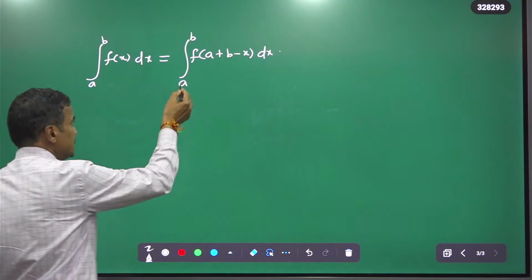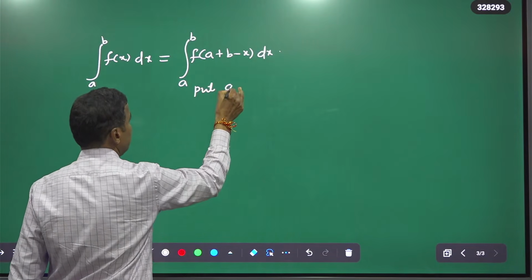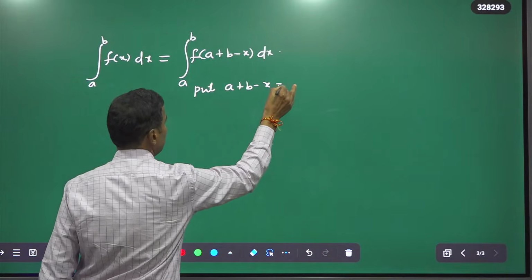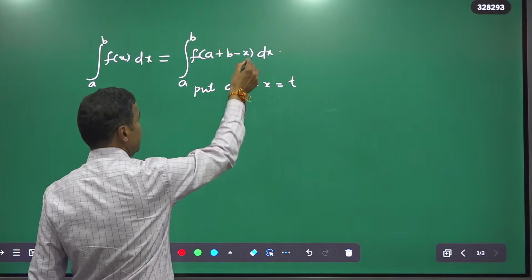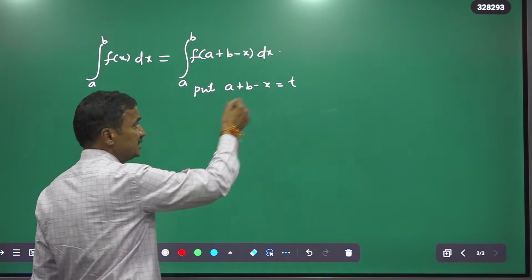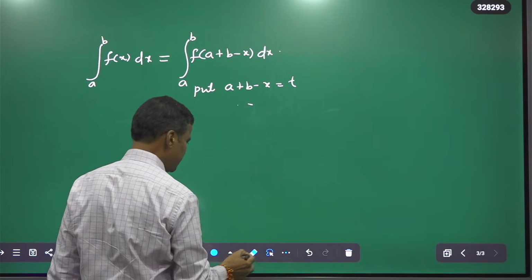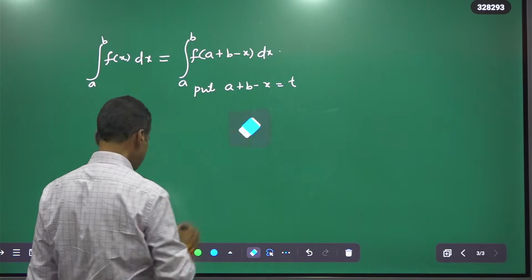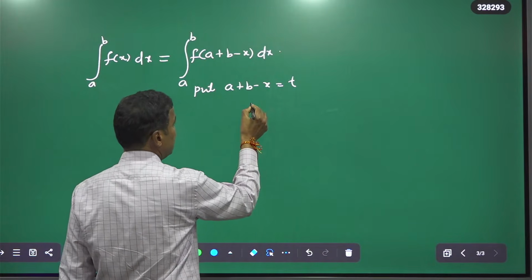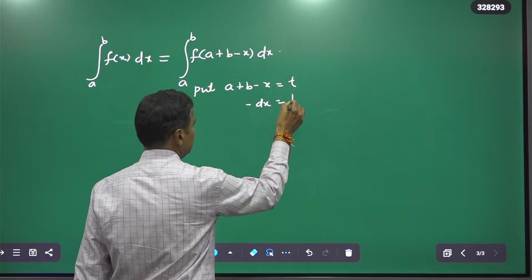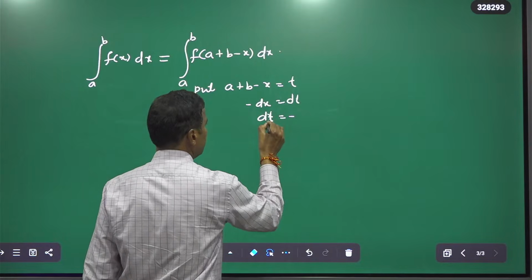Now in this, suppose we put a plus b minus x equal to t. Substituting a plus b minus x equal to t and differentiating on both sides, a plus b is constant, so its derivative becomes 0. Therefore 0 minus dx is equal to dt, or we can write dx is equal to minus dt.